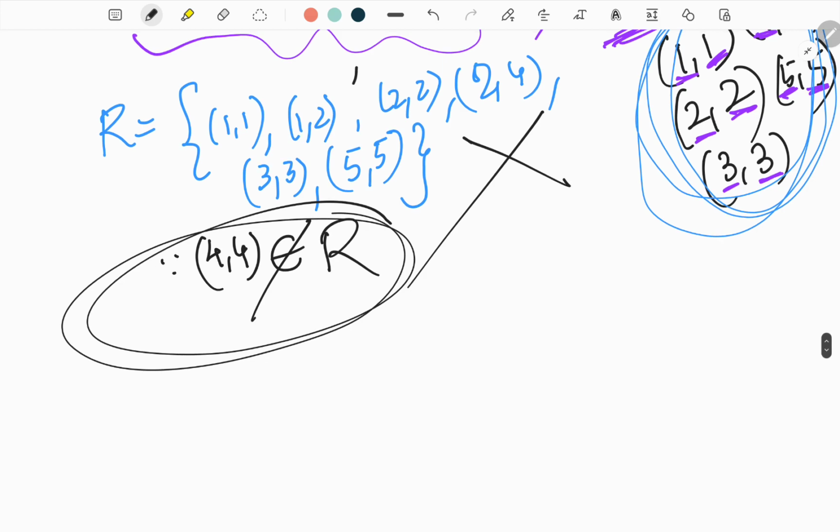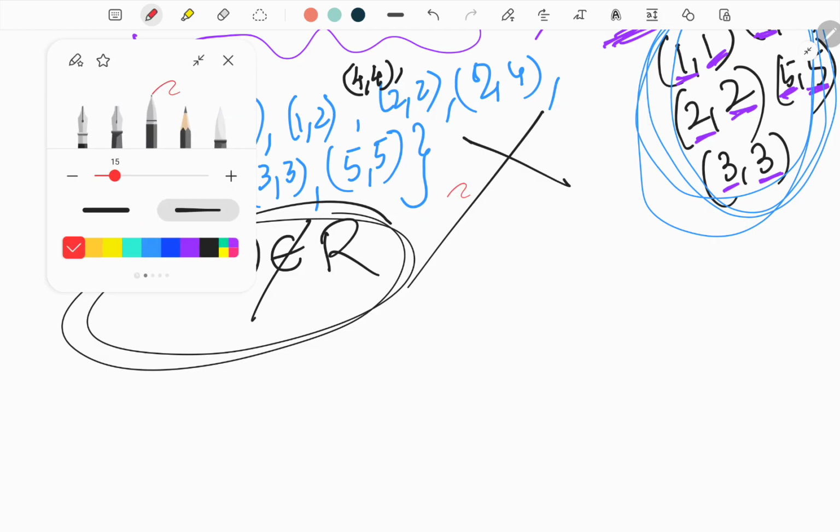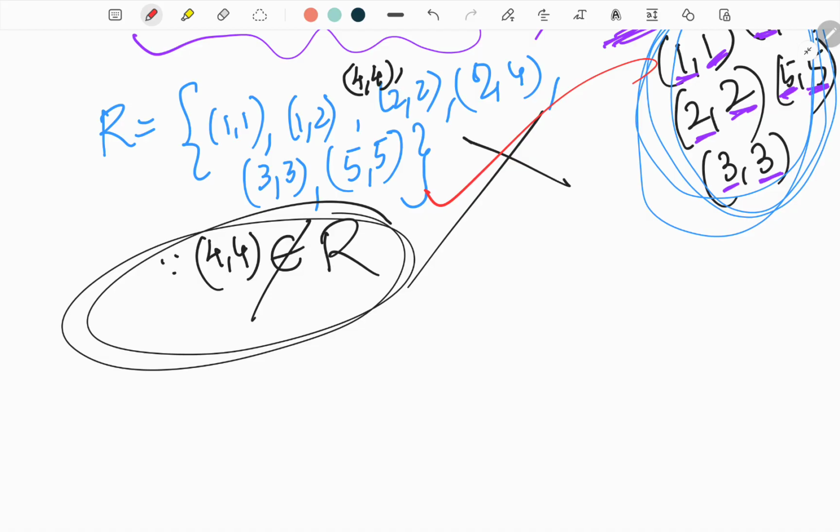Now let's say I am going to add 4 comma 4 also in this relation. Then is it reflexive? Yes, it is reflexive. So I hope now it is clear what I was explaining before. In this case, 1 1, 2 2, 3 3, 4 4 and 5 5 are present, but in addition to that you also have 1 comma 2 and 2 comma 4.